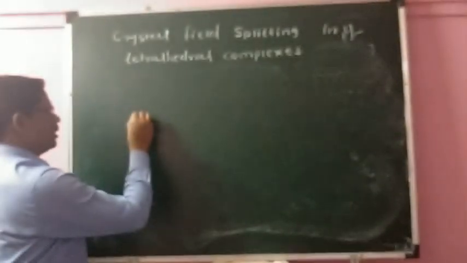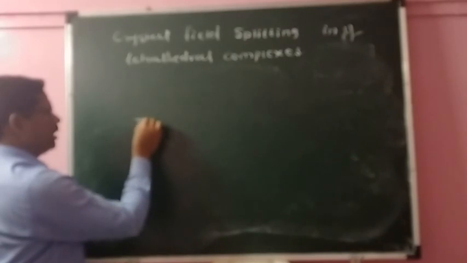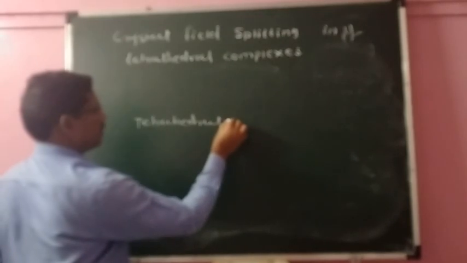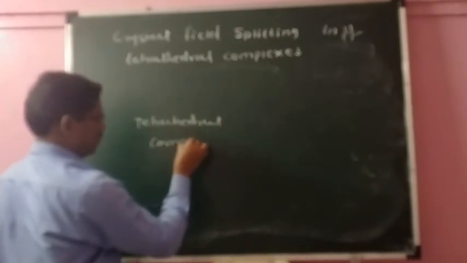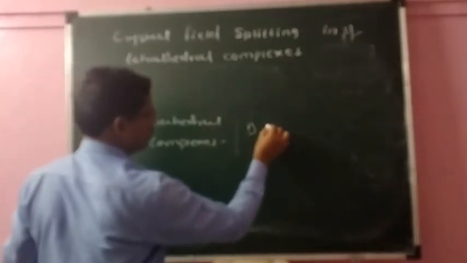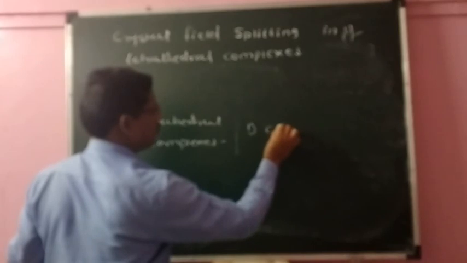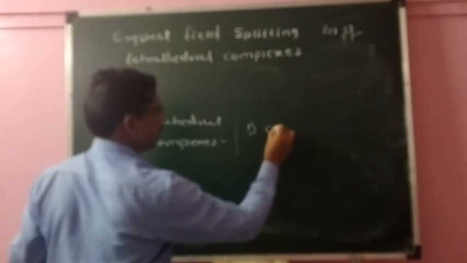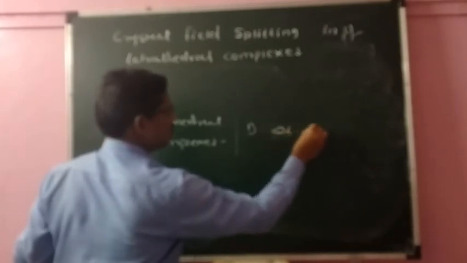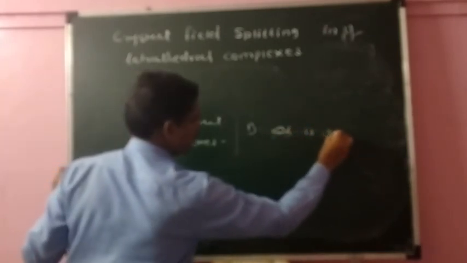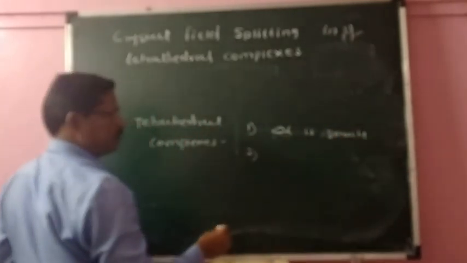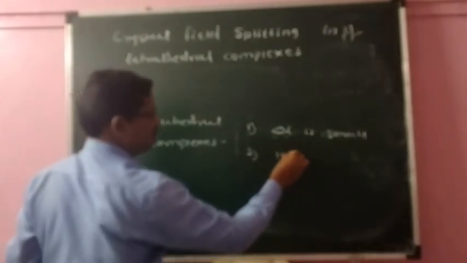Therefore, for all tetrahedral complexes, first, the crystal field splitting parameter, that is delta T, is very small. Second, they always have high spin.